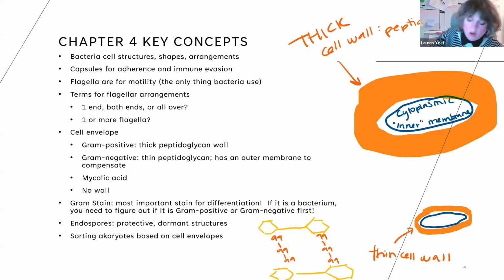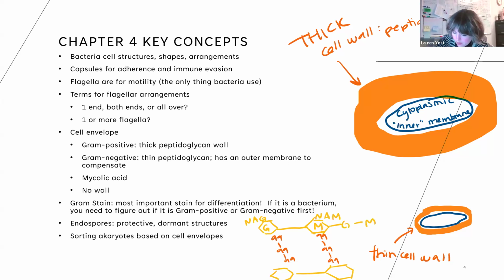You don't need to know what they are, but for those of you who like to know all the things, they are NAG and NAM: N-acetylglucosamine and N-acetylmuramic acid. Those sugars are covalently bonded together, and we create chains of NAG and NAM that go on forever, and they are cross-linked by these peptide bridges.